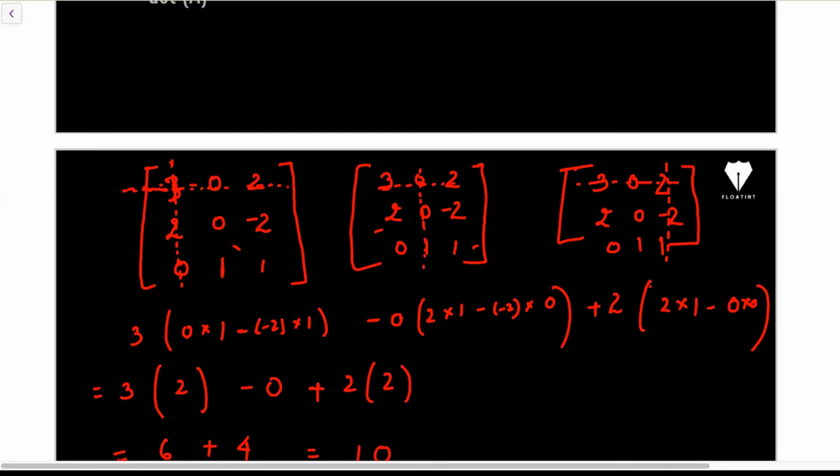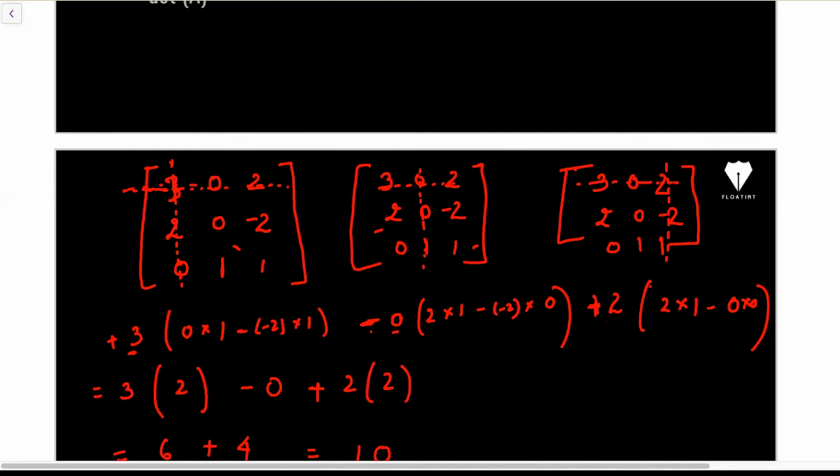Here I multiply this whole value with 0, and this minus I have to keep. So the first element will be positive, then you put the negative, and then again the positive.